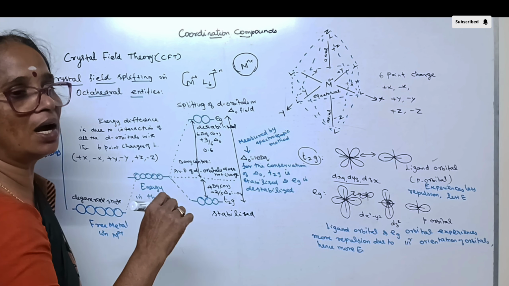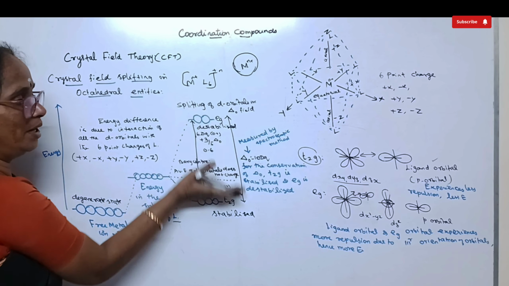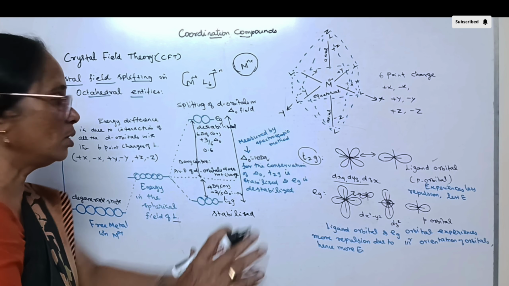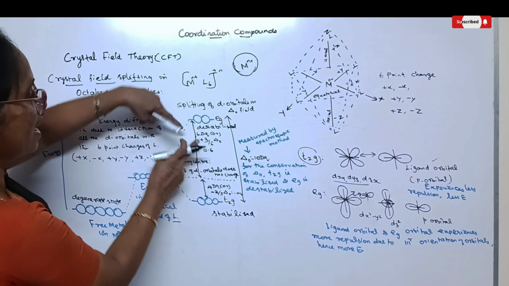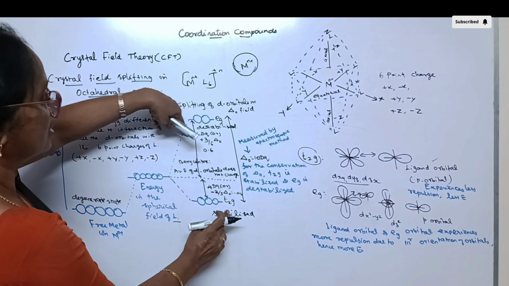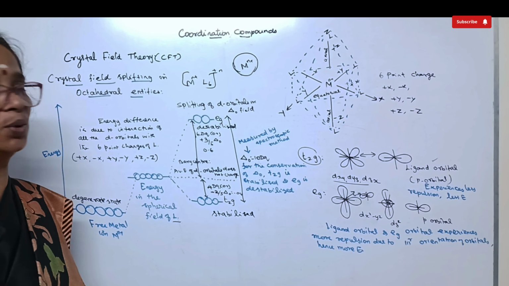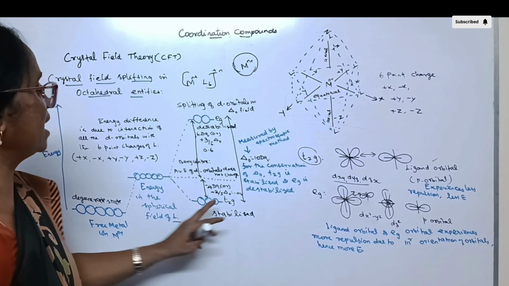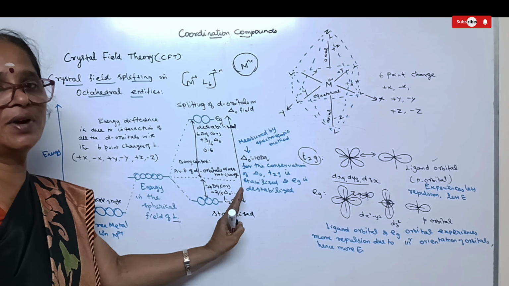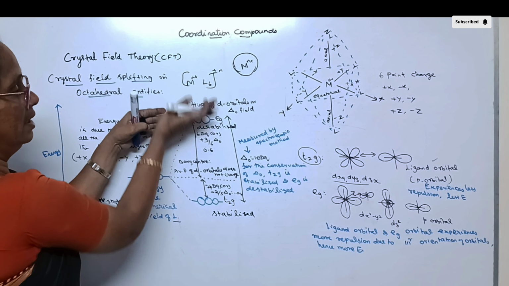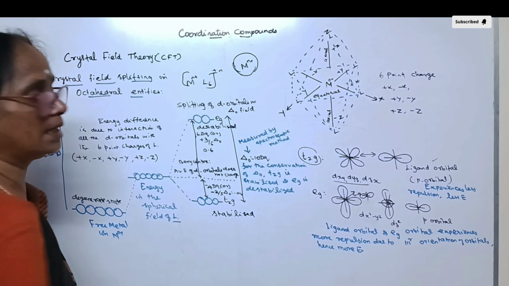The amount of energy between them should always be equal to 10 Dq. So we can write this is plus 3/5, this is minus 2/5, and the difference is equal to 10 Dq. The plus and minus signs of these energies are given just to indicate increasing energy and decreasing energy.